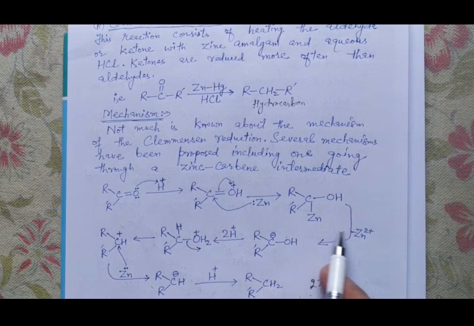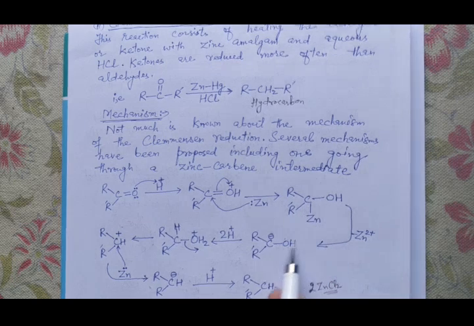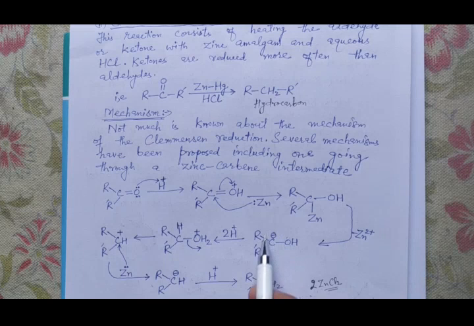Zinc itself gets released as zinc 2 positive ion, because it is more electropositive and reactive, and as a result it donates its electron pair to carbon and we get this sort of species.